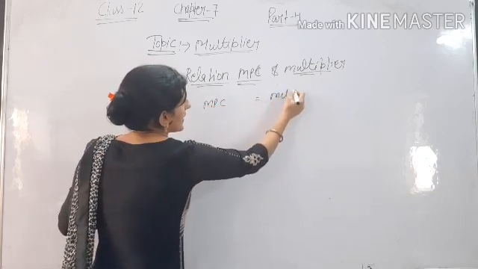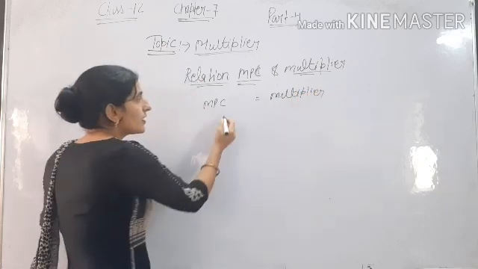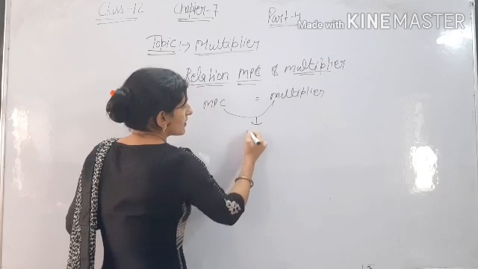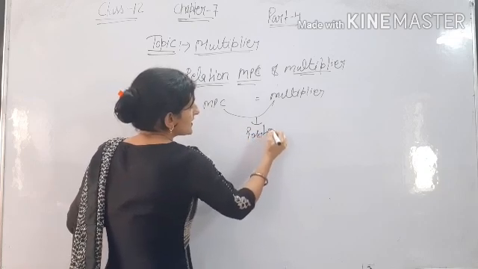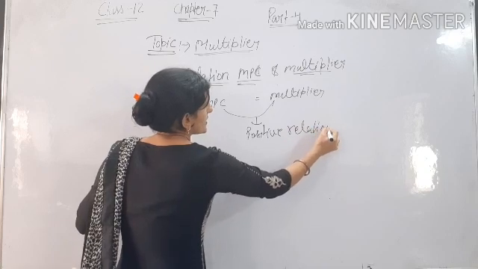There is a positive relation between MPC and multiplier. What is the meaning of positive?